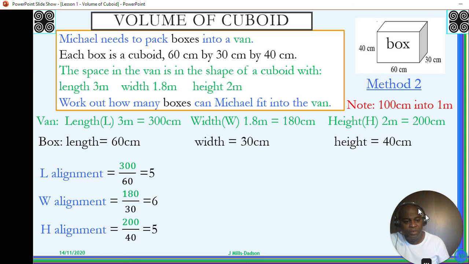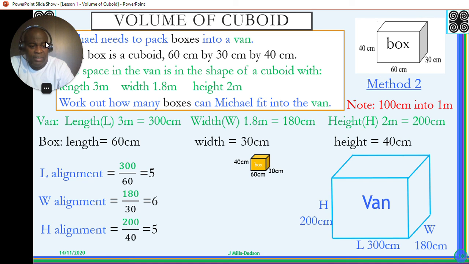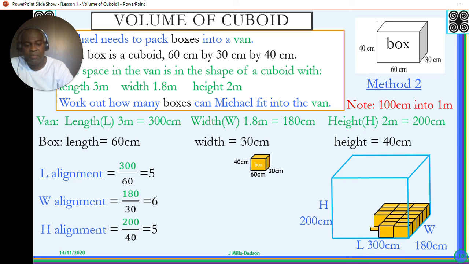Let's have a bit of simulation to prove that. This is the box, 40 by 60 by 30. This is the van, also 200 by 300 by 180, according to the calculation that we have over here. Let's pack the boxes. That was my first layer.